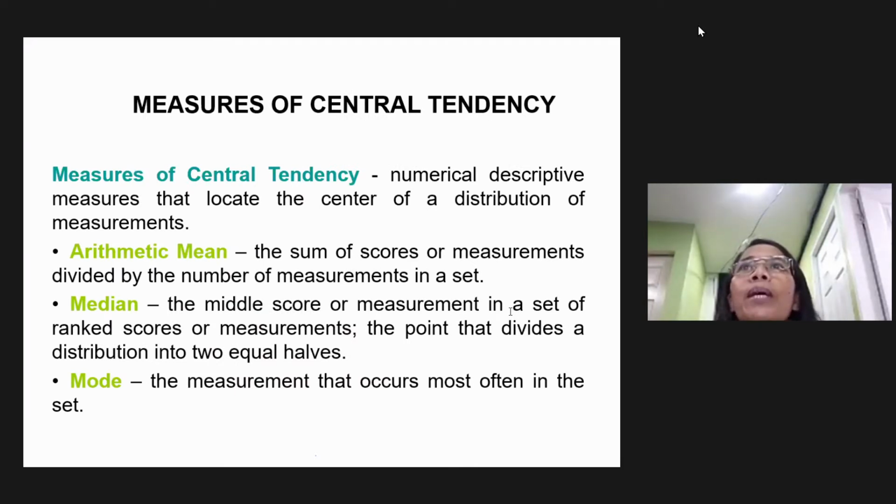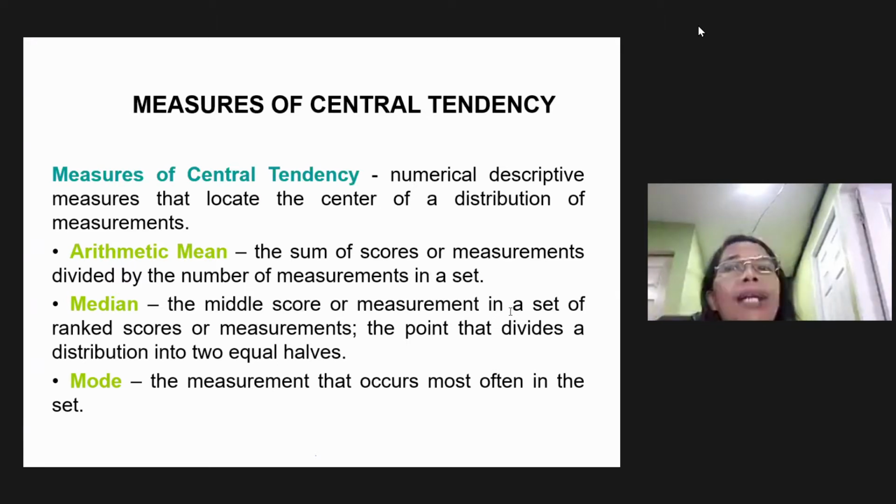Next is measures of central tendency. Measures of central tendency are measures that locate the center of a distribution of measurement. Number 1, arithmetic mean. The sum of scores or measurements divided by the number of measurements in a set. We all know that. When we say arithmetic mean, that is actually another term for average.